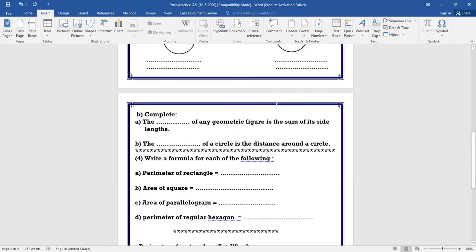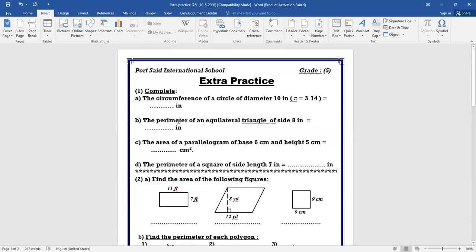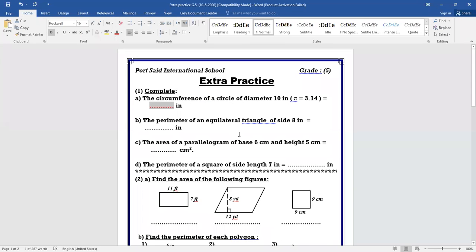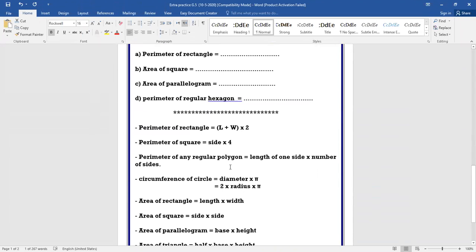Now first exercise, complete: the circumference of a circle of diameter 10 is. Circumference of a circle, it's a formula as we said.